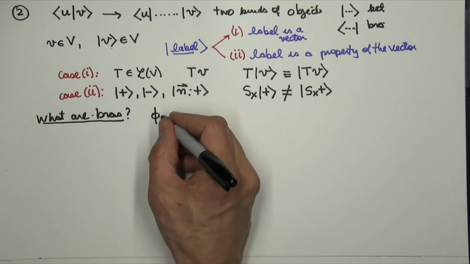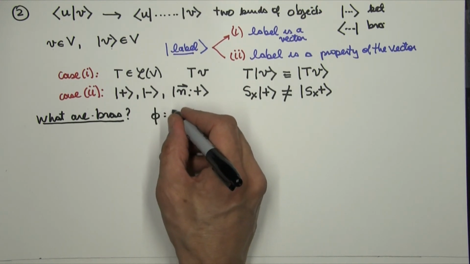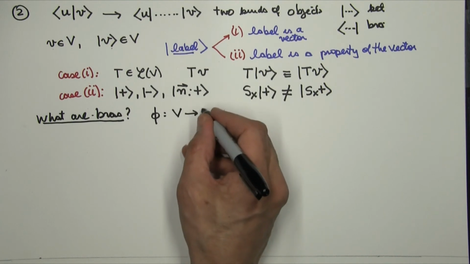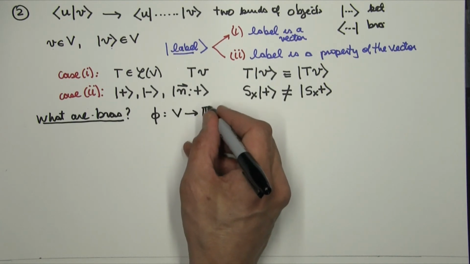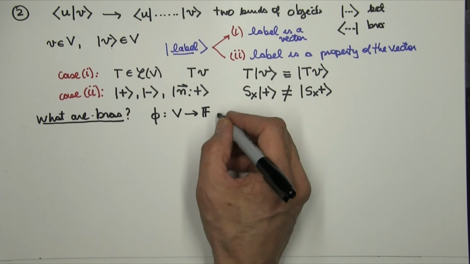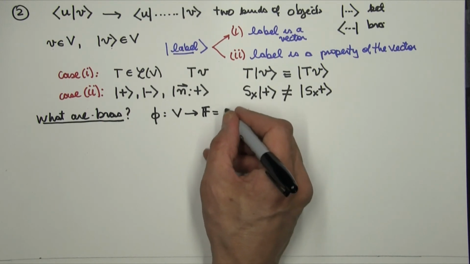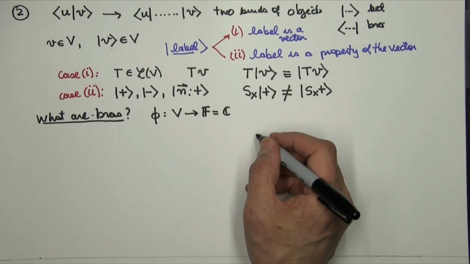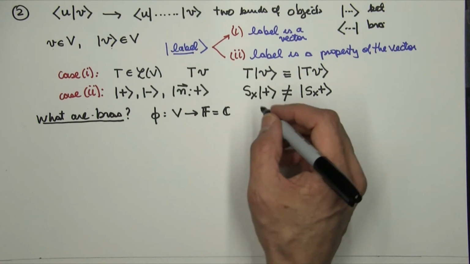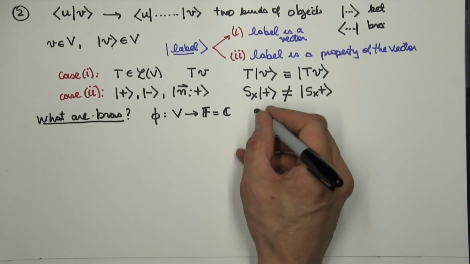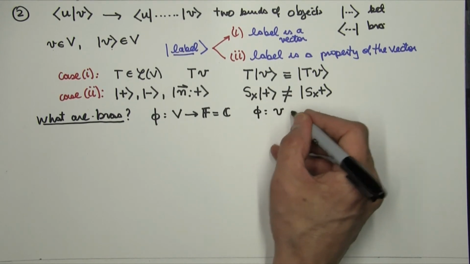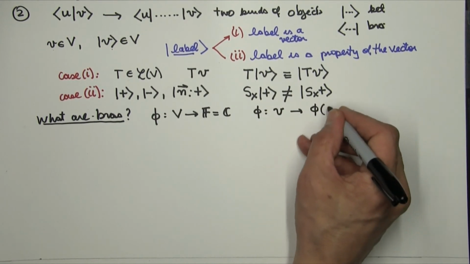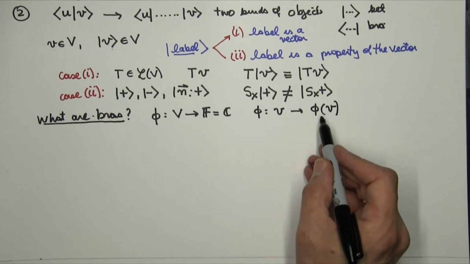A linear functional phi was an object that acted on vectors and gave you numbers. You could write F, but of course today F is going to be the complex numbers, so that is not so important. So basically, phi takes a vector v and gives you phi of v, which is the action of phi on the vector v.